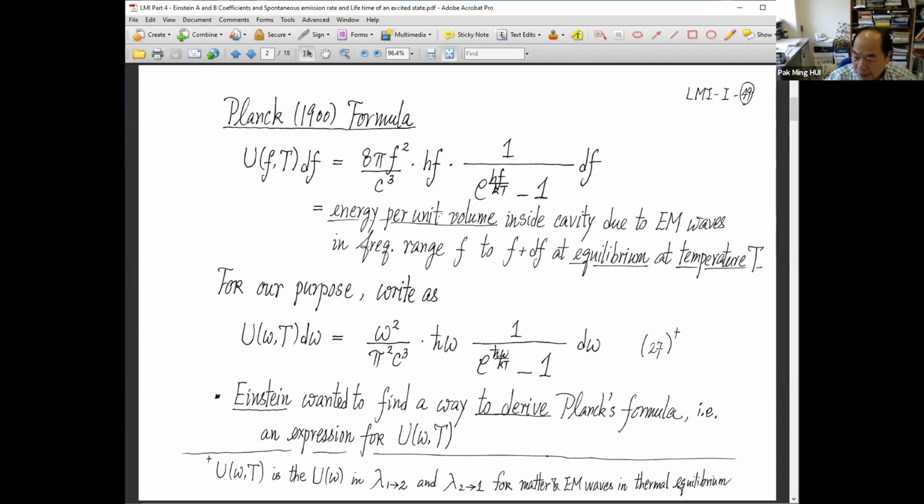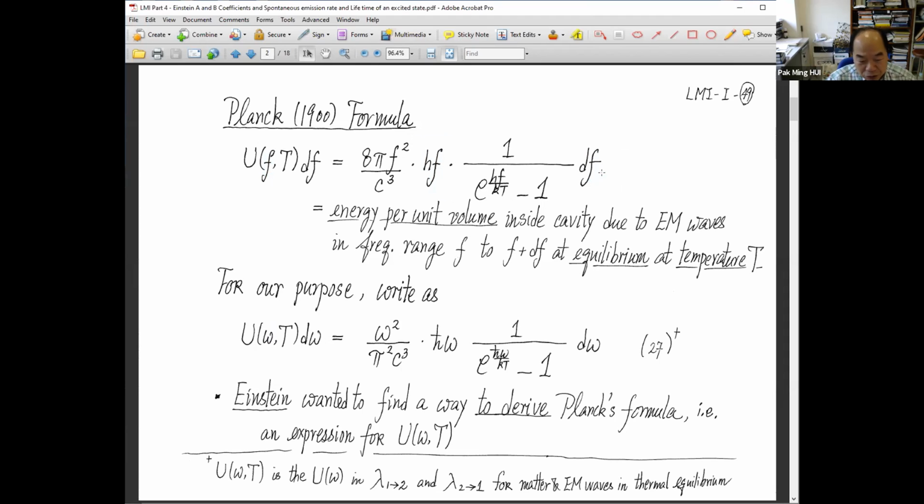But in our context, we have been using omega rather than f. But that will not be a problem because we know how to change variables. We know that f is related to omega by a factor of 2 pi, all right?